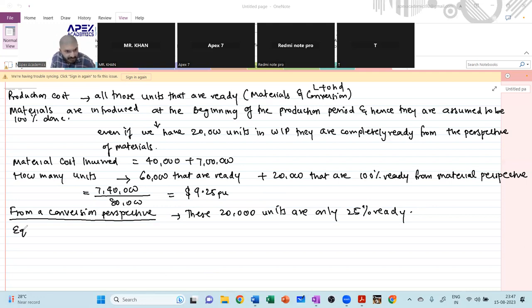Therefore, what are the equivalent units? 60,000 that are fully ready plus 20,000 into 25% that are partially ready.